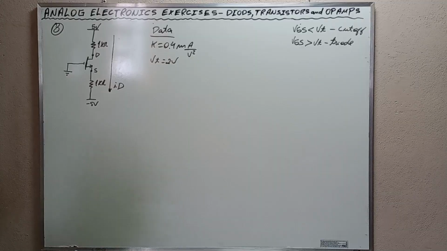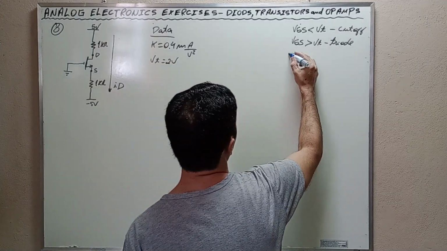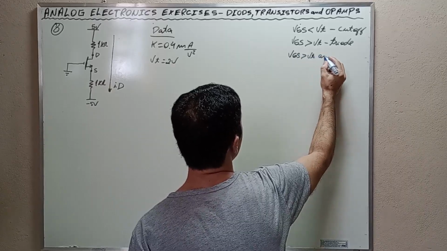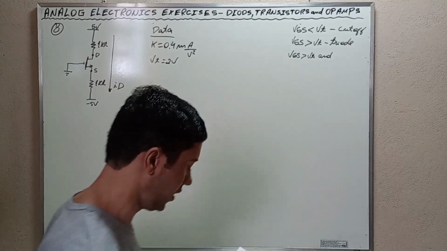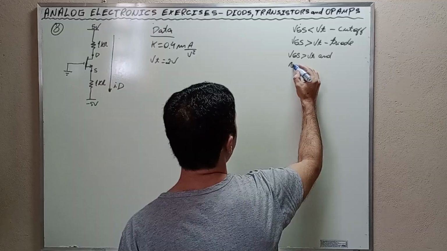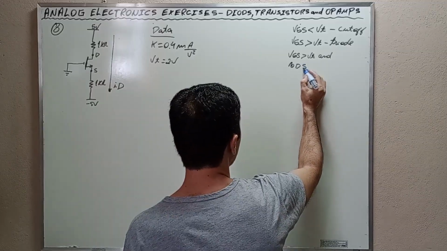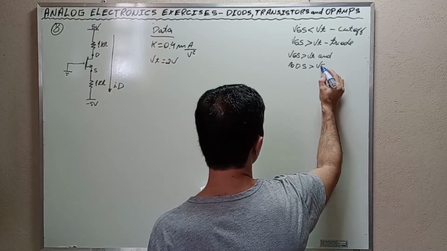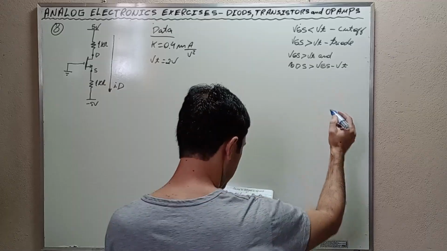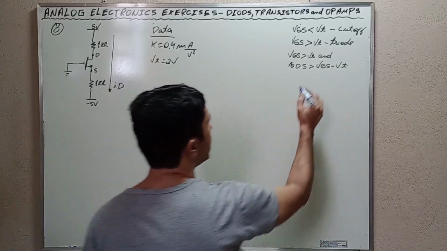However, when VGS is greater than VT, and in addition to this, VDS is greater than VGS minus VT, the transistor is operating in saturation.